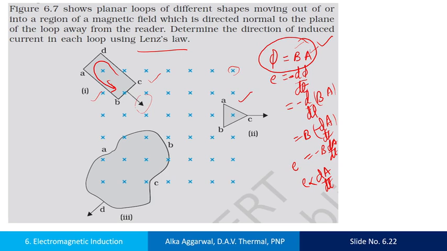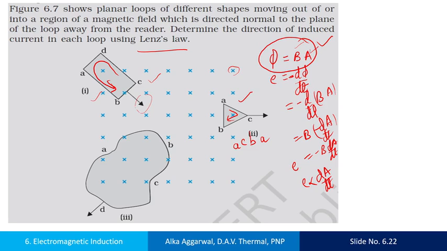So, when we put the thumb of our right hand in inward direction, perpendicular to the plane, the curl of the fingers gives the direction of the induced current, and it is in clockwise direction. So, in this case, it is A, C, B, A, that is clockwise direction.